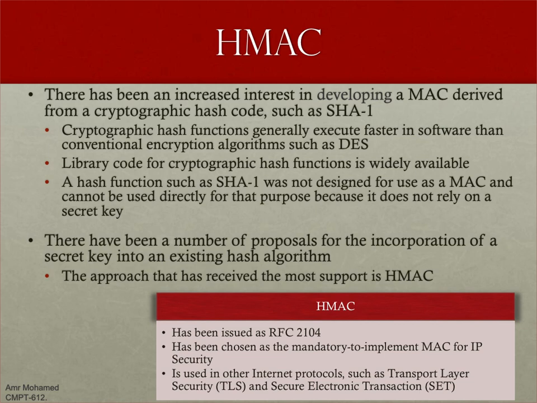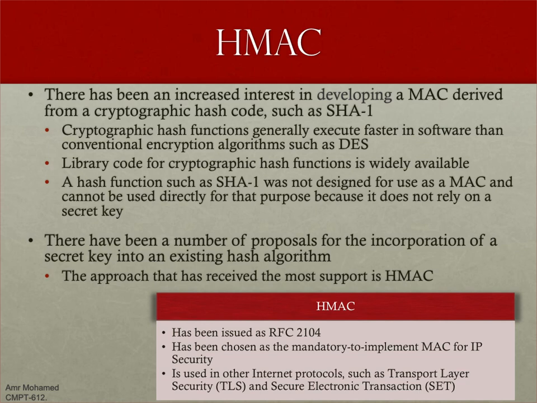So there has been an increased interest in developing a MAC derived from the SHA. One way is to use encryption, as we said, but this is not what HMAC as a protocol or as a technique tries to do.